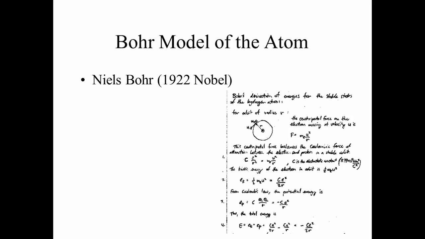So the Bohr model of the atom was actually developed in 1913 by Niels Bohr, where he applied the new idea of quantized energy for an atom to the orbit, using classical mechanics to develop the orbit model of the atom.